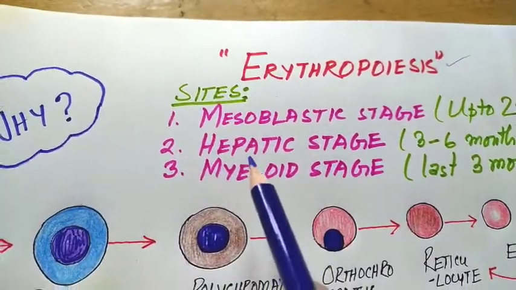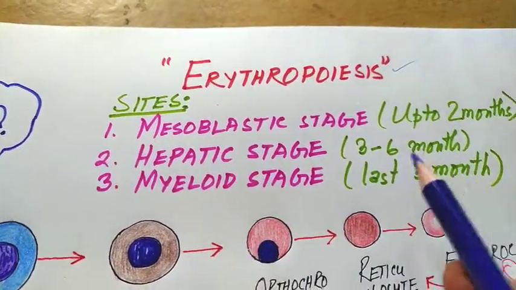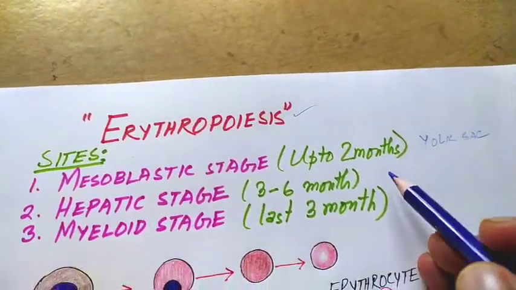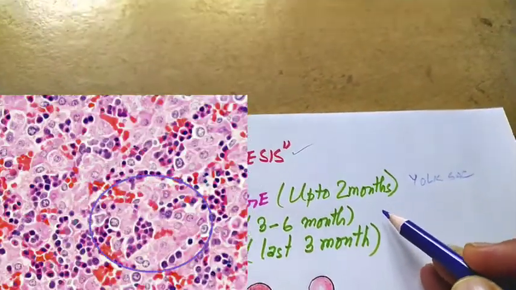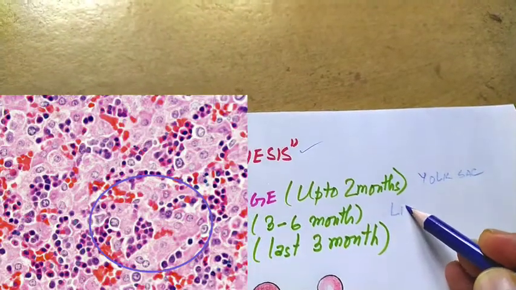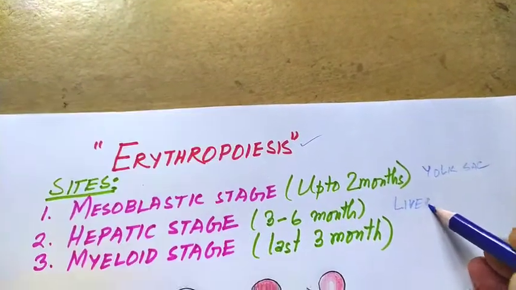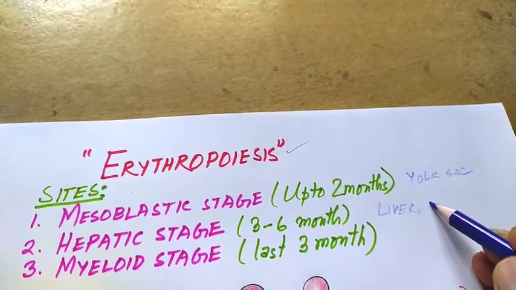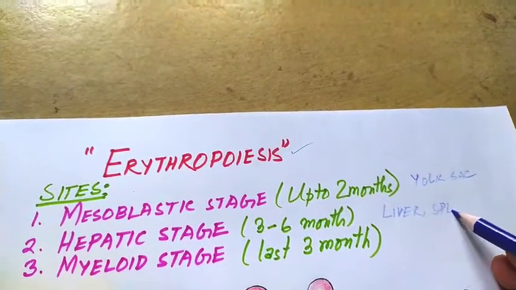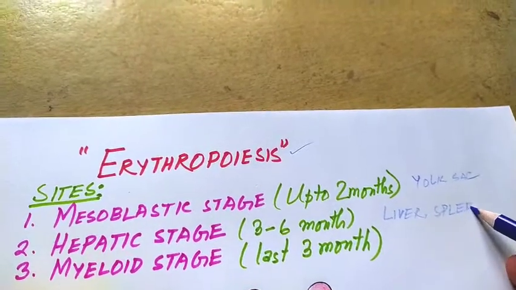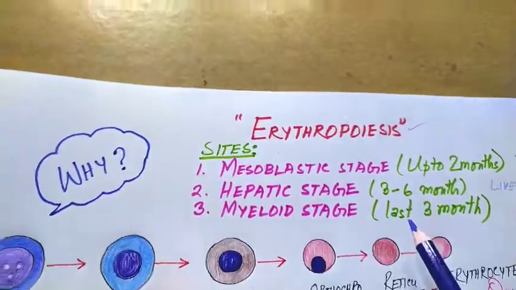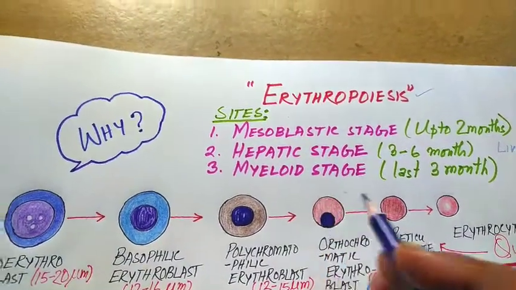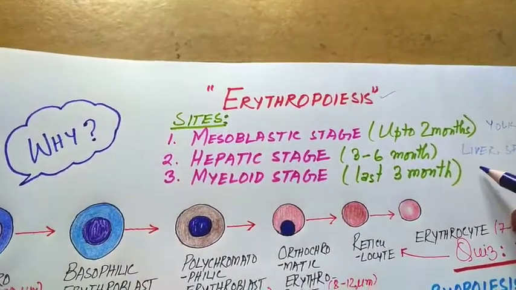Now coming to the hepatic stage, it occurs between 3 to 6 months of gestation, and here the production of RBCs mainly occurs from the liver, and a small amount of RBCs are produced from the spleen. Now there is the myeloid stage, that means the RBCs are produced from the bone marrow.